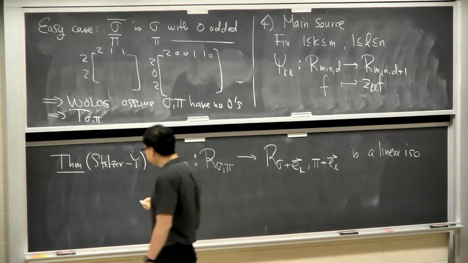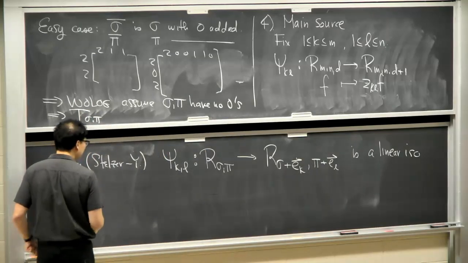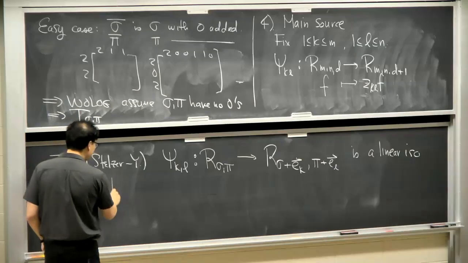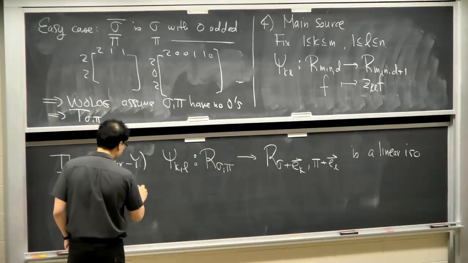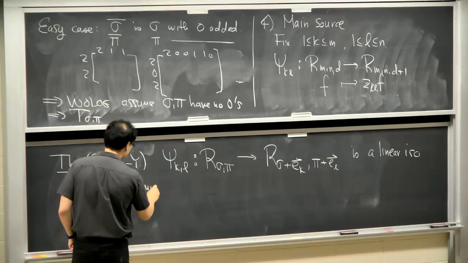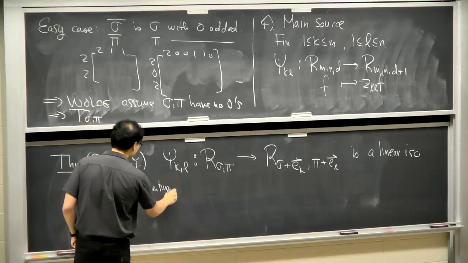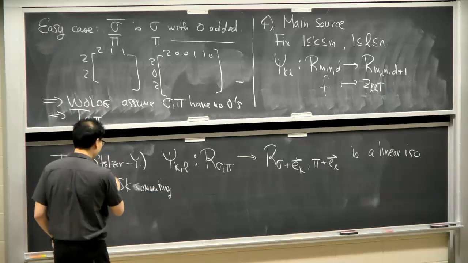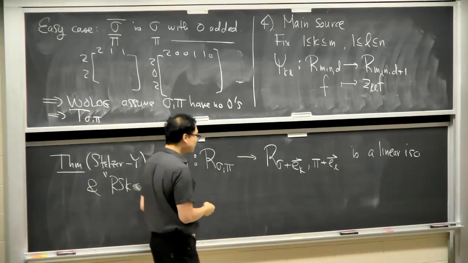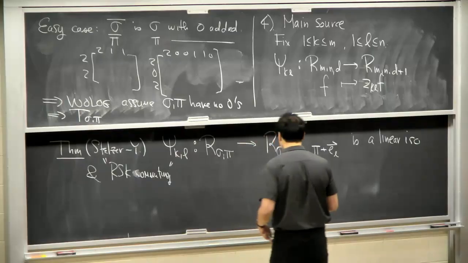And moreover, not only is it a linear isomorphism, but it's RSK commuting. The words don't do a whole lot of good, but I just want to use them a little later for shorthand. RSK commuting just means that it commutes with the RSK map.